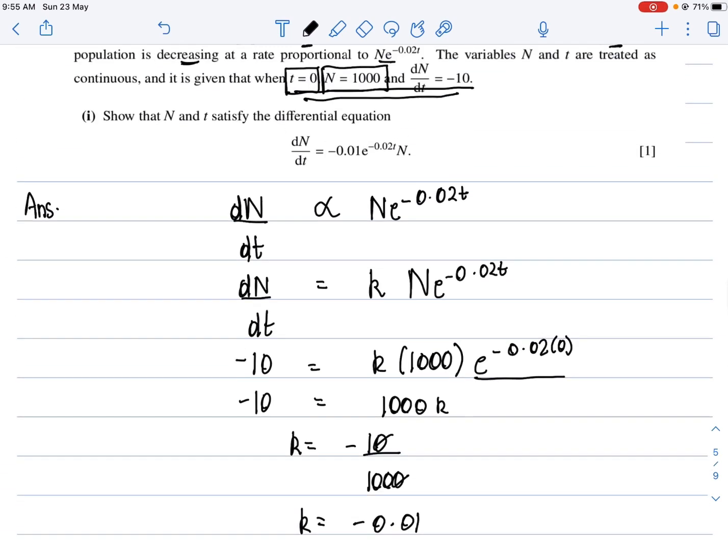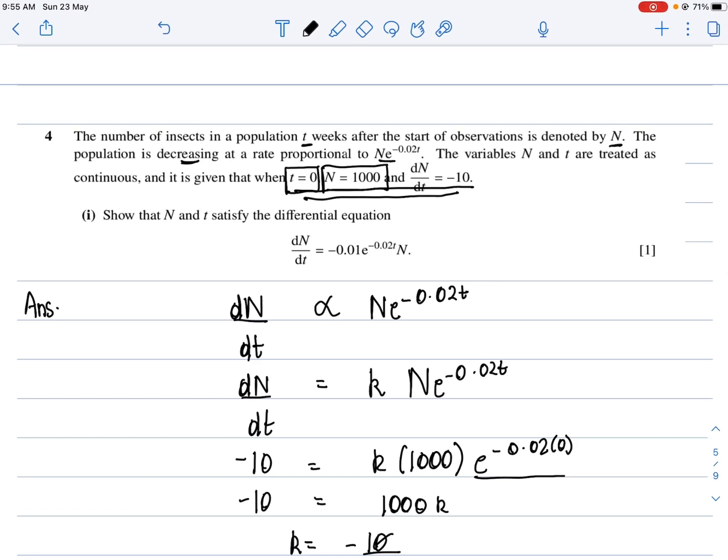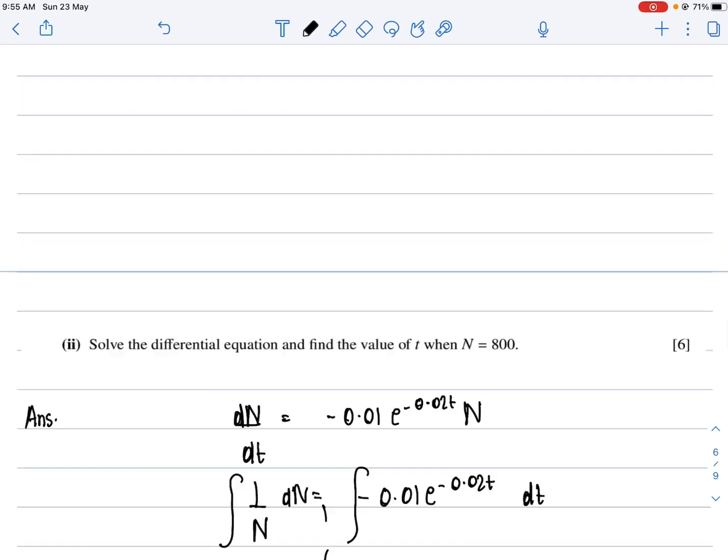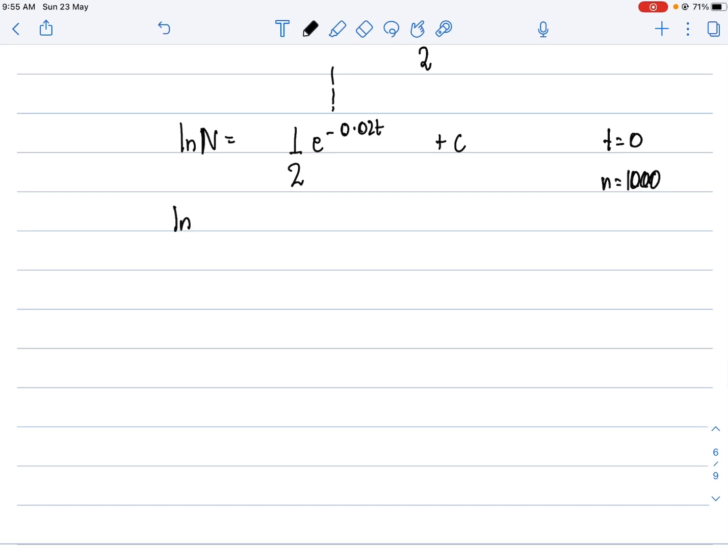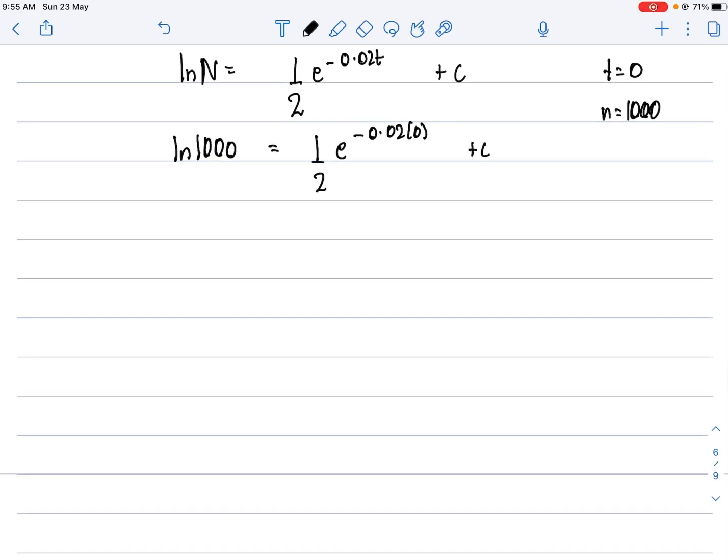Now I know t is equal to 0 and N is equal to 1000. So I can write ln 1000 equals half into e raised to minus 0.02 into 0 plus c.